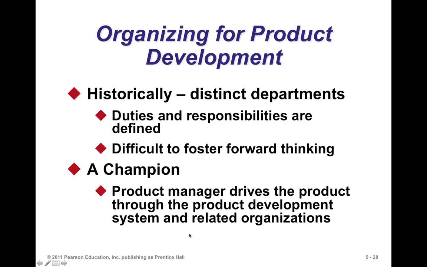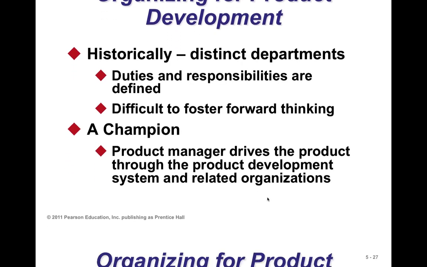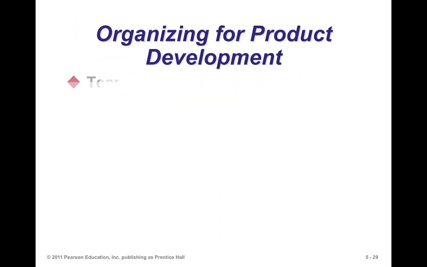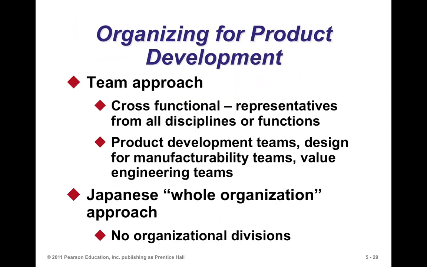So that created its own issues. In some cases you had a champion, a manager who sort of drove product development, and that worked as well, because this person is really creative, they could drive things, but you still suffered some challenges in terms of whether or not the products in the end were designed for manufacturability.